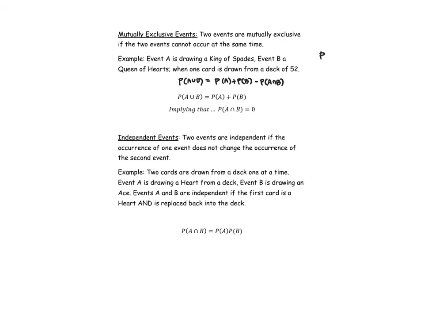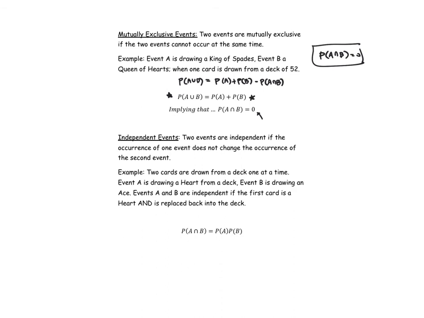Well, mutually exclusive events imply that the probability of both happening at the same time is 0. You can see that right here. So if you ever see mutually exclusive mentioned in a problem, you should use that property.